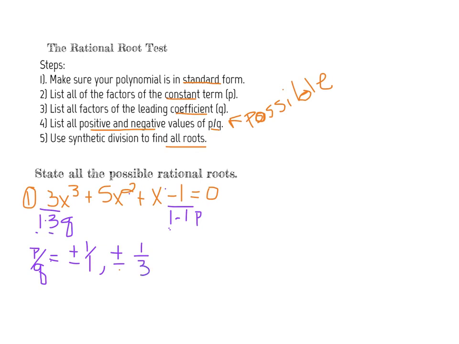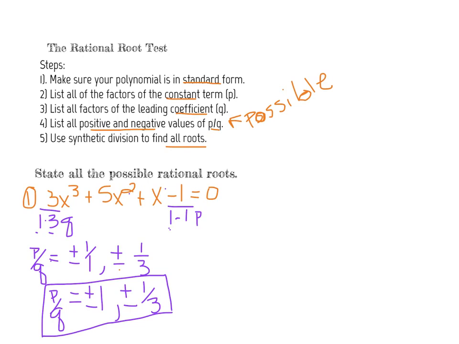And those are the only possibilities that we have. So if we simplify this, our possible rational roots are going to be positive or negative 1 divided by 1 is 1, or positive or negative 1 divided by 3 is 1/3. And that's all we can do with that.